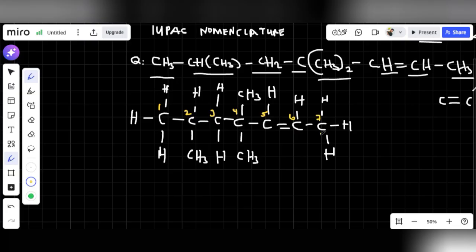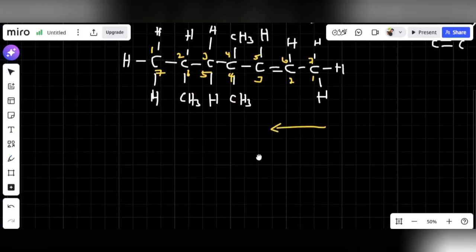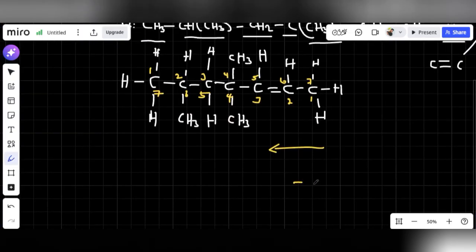But if you count this way instead: 1, 2, 3, 4, 5, 6, 7, then your double bond is attached to carbon 2. Are you getting me now? So we are going to be counting in this direction. We have secured that our double bond is on carbon 2, so our naming will end with 2-ene. That will be the ending part of our naming.